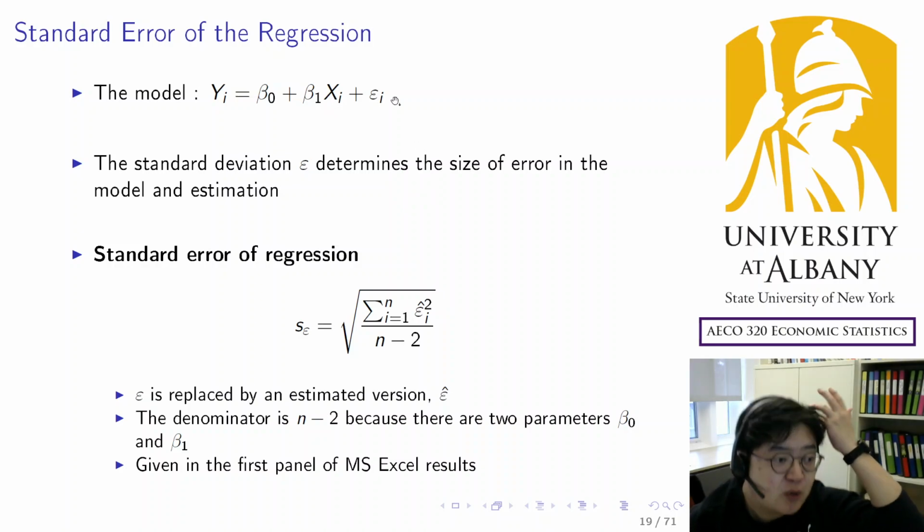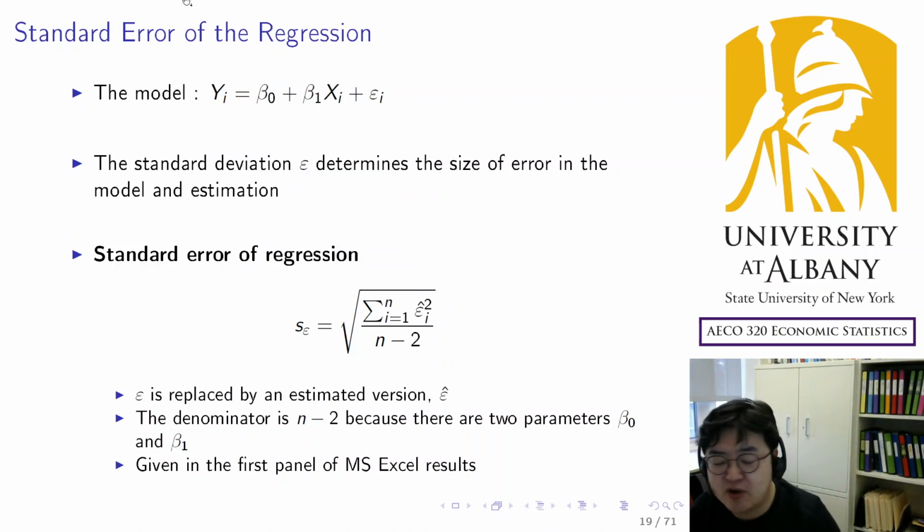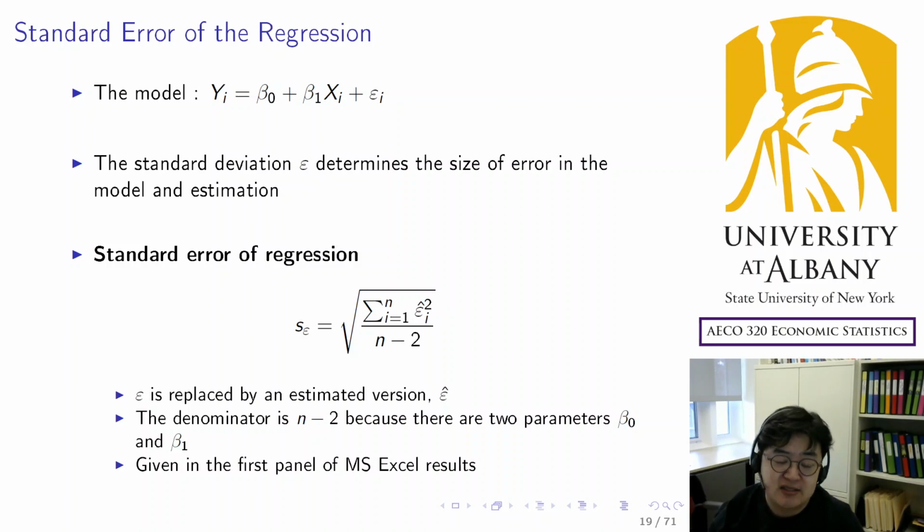Also now recall what we learned in chapter 8. When you estimate the variance, the denominator should be n-1 to make it an unbiased estimator. The intuition for that is, you have n observations, so the amount of information is n, but one piece of the information is used to estimate the average.